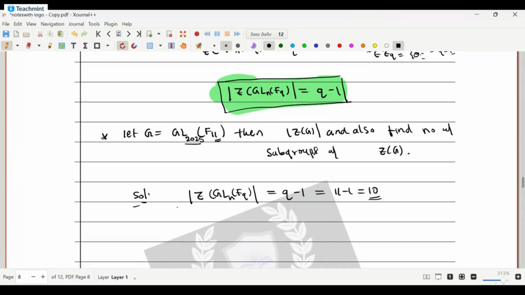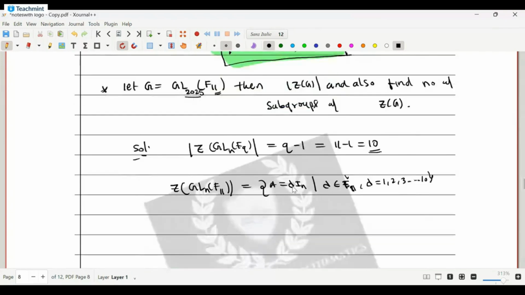So what will the elements in this look like, sir? In Z of GL_n(F11), the elements are A equal to lambda times I_n such that lambda belongs to Z_Q star, that means the F11 non-zero elements. So lambda takes the possibilities 1, 2, 3 up to 10.